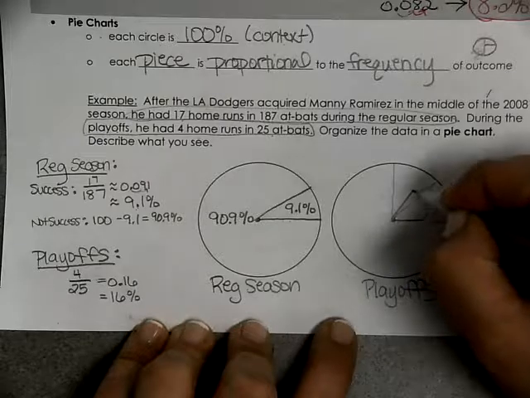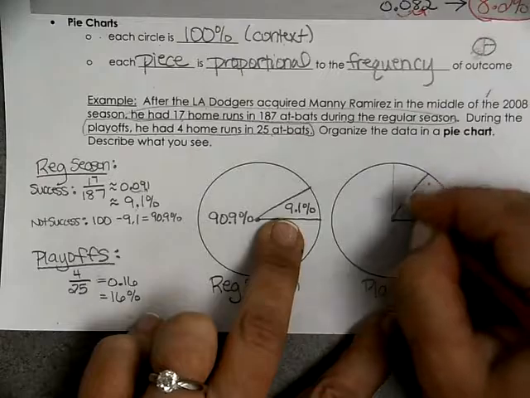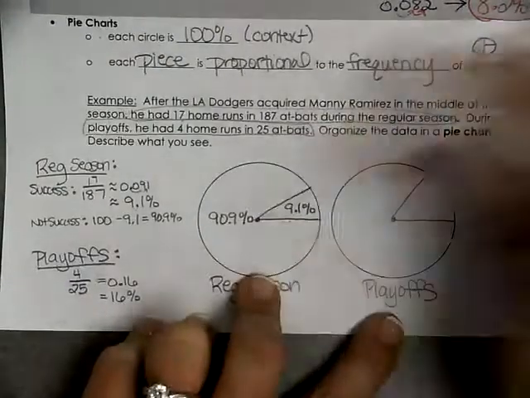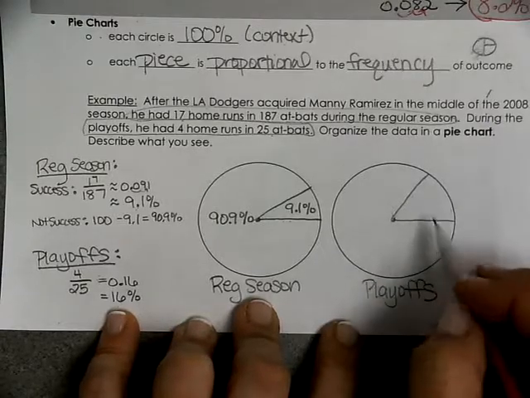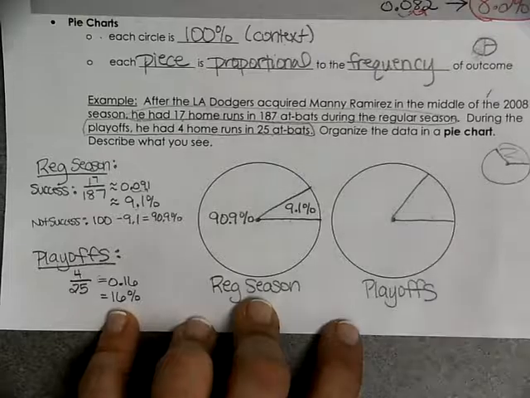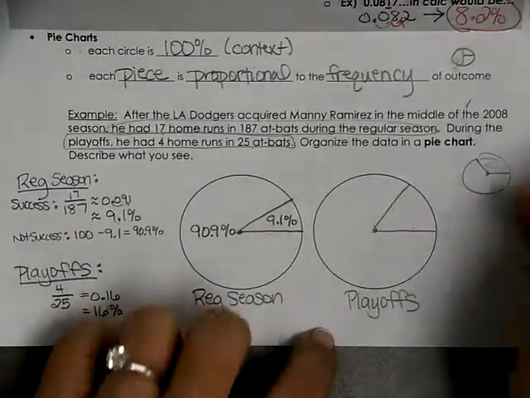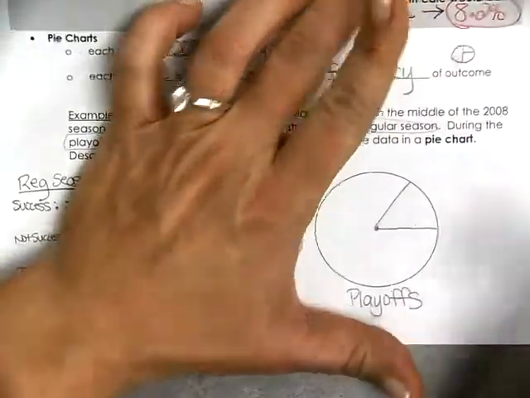So I'll make it maybe like here. And I won't get too upset if we're off a little bit, but if you tell me that 16% is like from here to here, that's a problem because that's way too big. But just kind of use those as some ballparks when you're drawing.